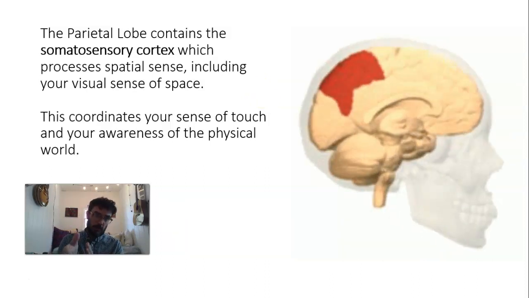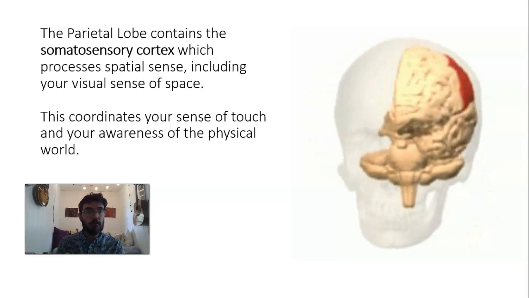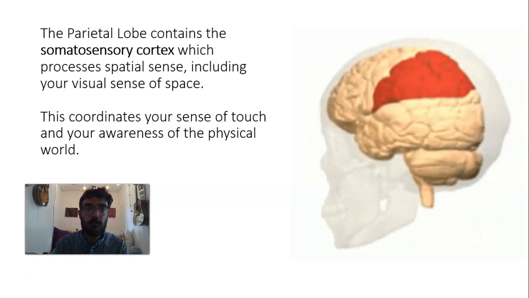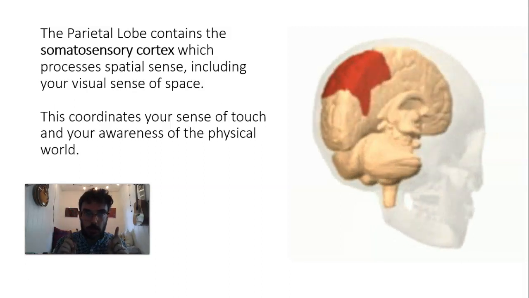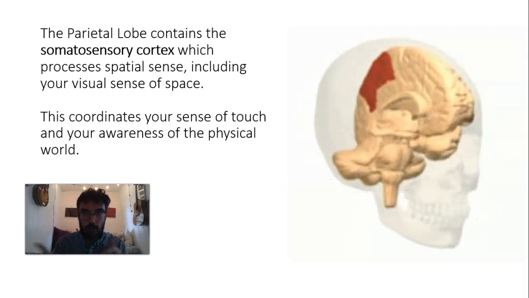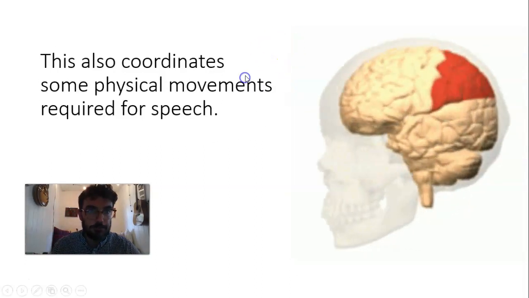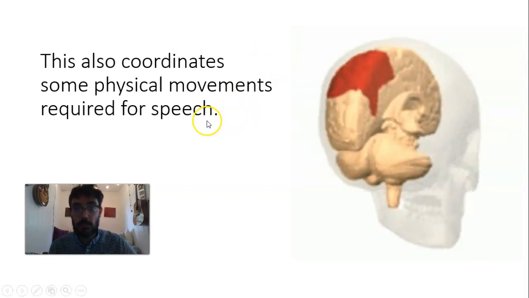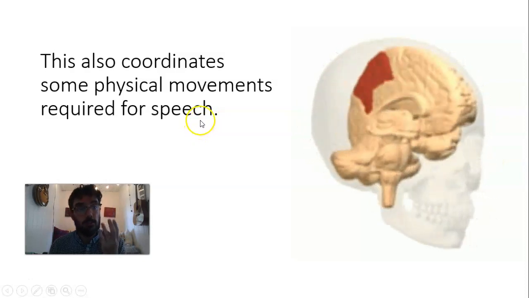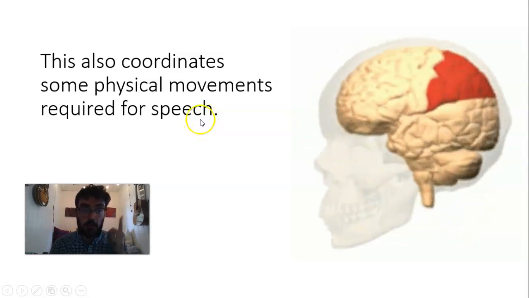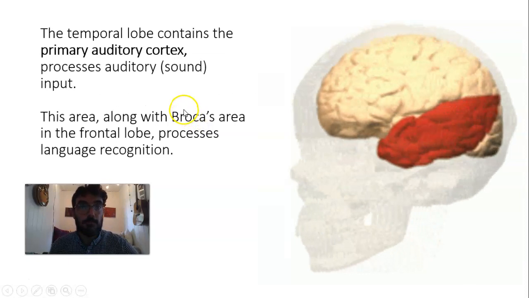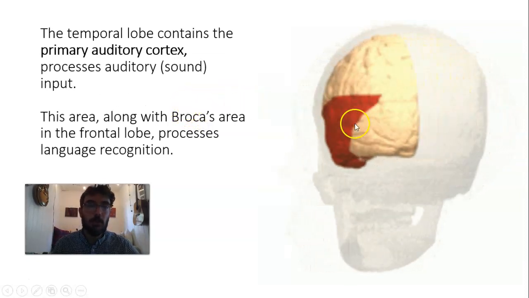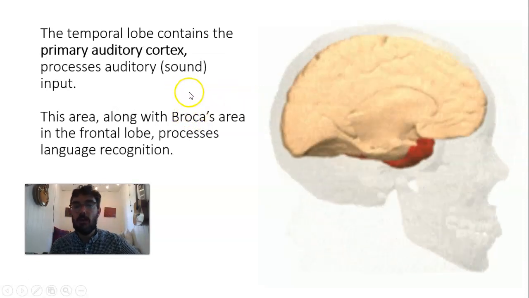And so when you're reaching out to touch something or to click a mouse or type, it helps to coordinate your awareness of your physical space along with the visual aspect of the world around you. It also helps to coordinate some movements that are involved in speech, again, because speech is both a physical and an auditory activity.